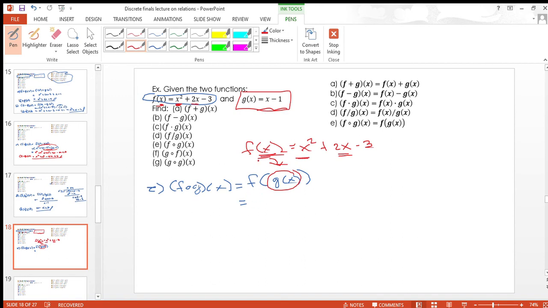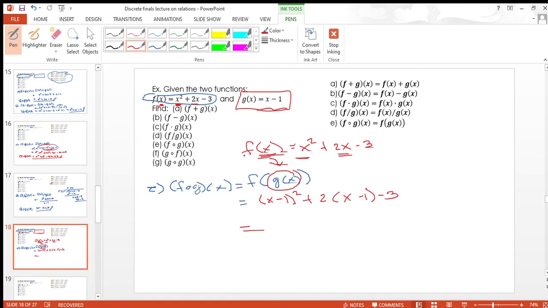So, our f of g of x will now be, x will be replaced by x minus 1, so that's x minus 1, the quantity squared, plus 2, x will become x minus 1, and then this is now minus 3. So did you get that?